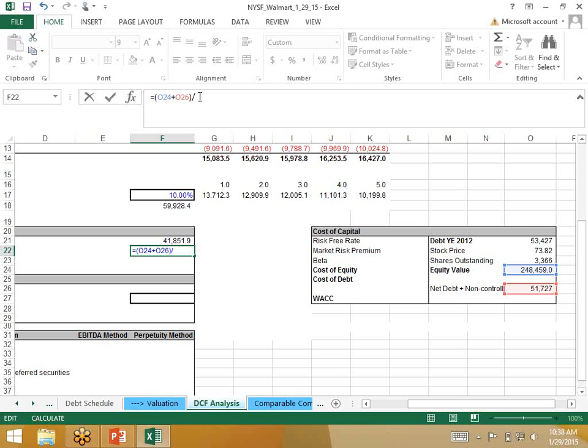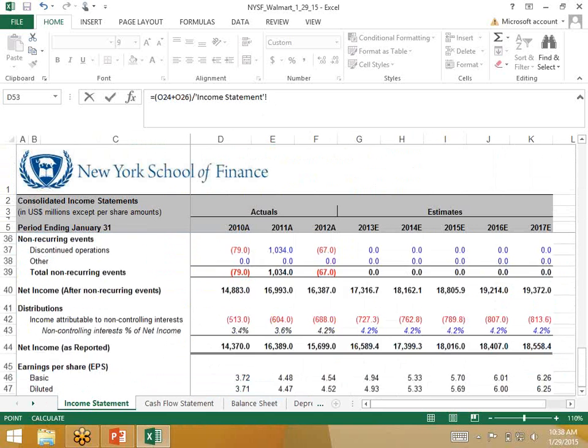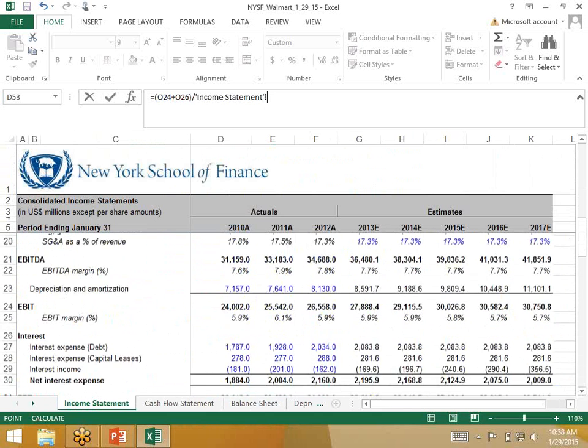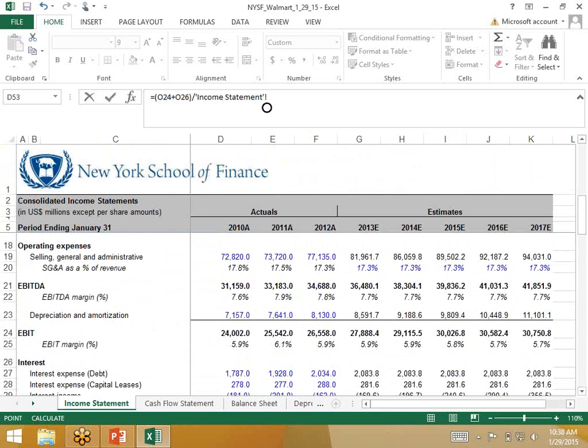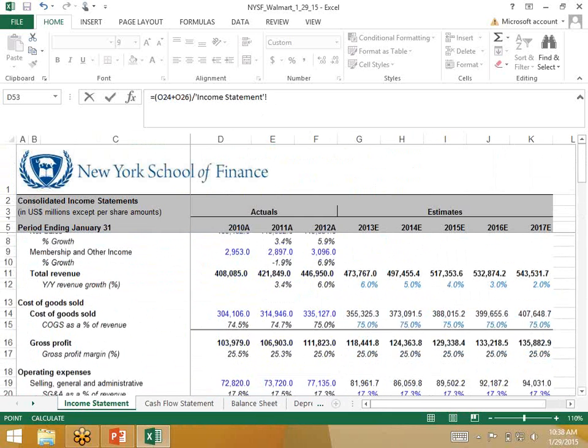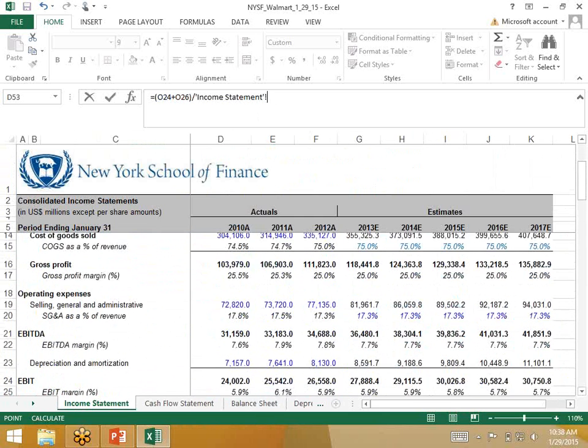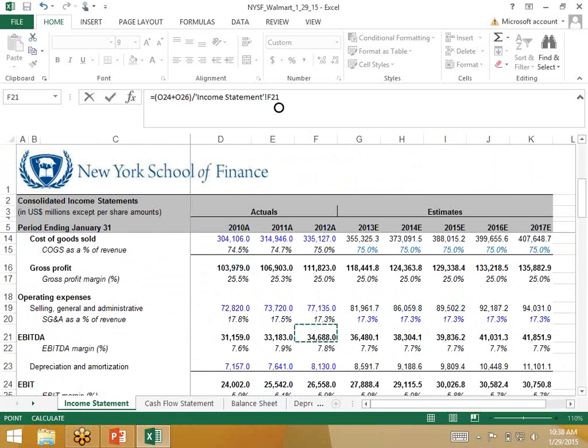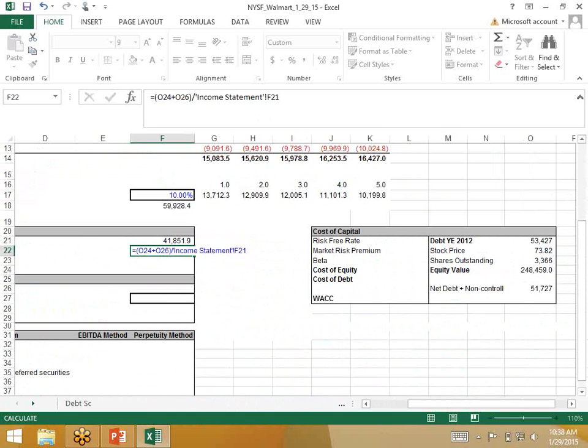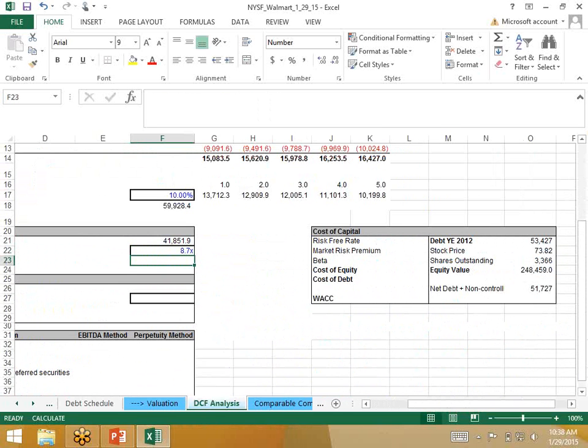Divided by EBITDA, which we can get from the income statement. That gives us 8.7. Just a proxy for now.